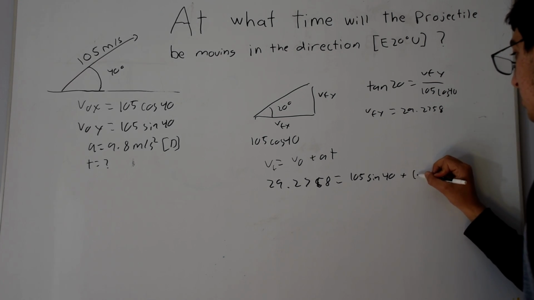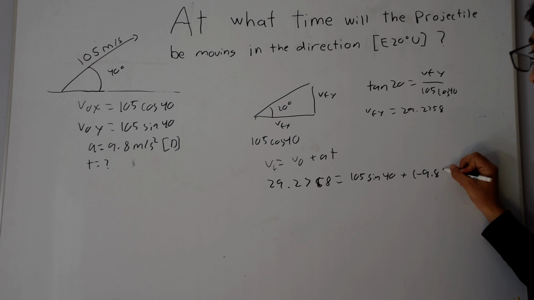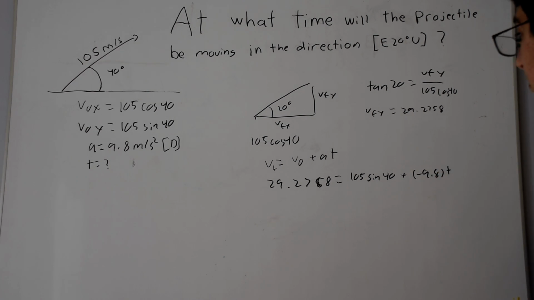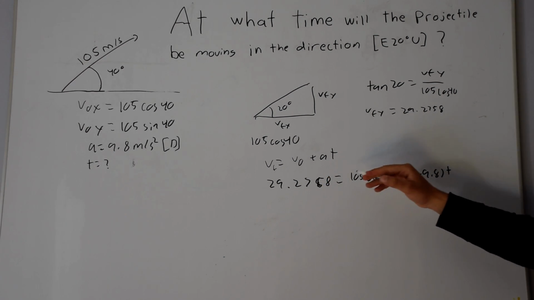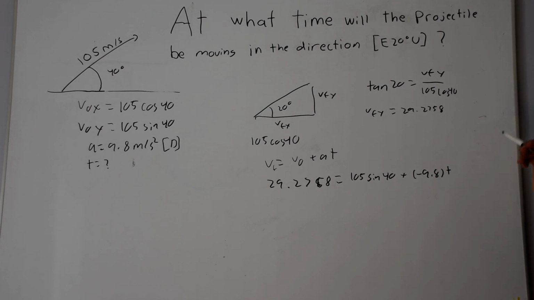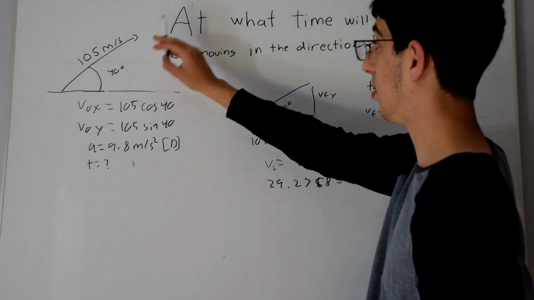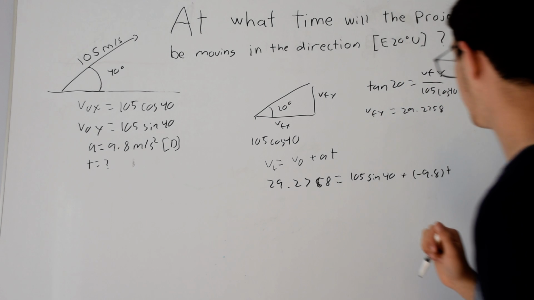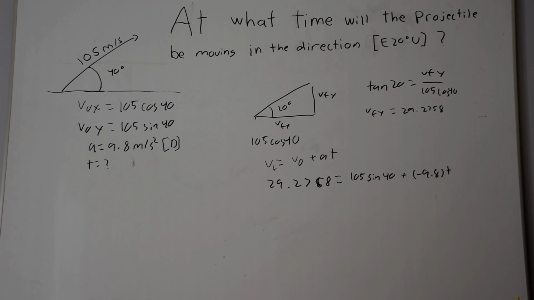Plus acceleration times time. I'm using the negative for 9.8 because these two velocities, which I wrote as positive, are in the vertical direction, right? In the beginning the ball is going upwards, and in the end it's also going upwards. But this acceleration is in the downwards direction, so they have to have opposite signs.